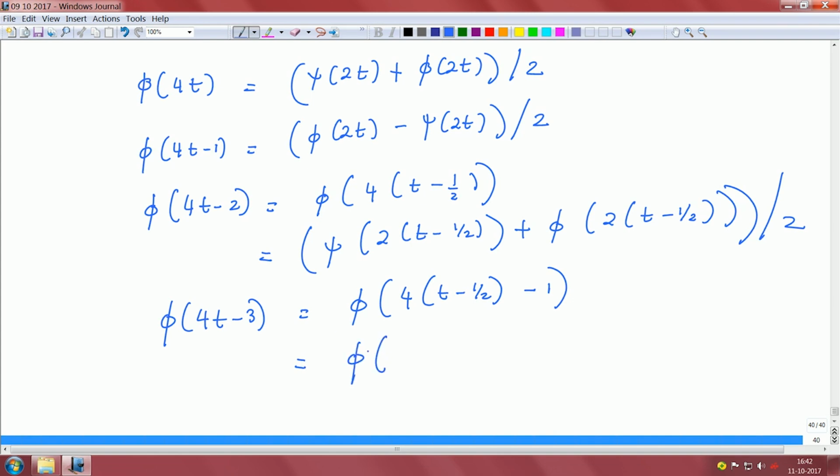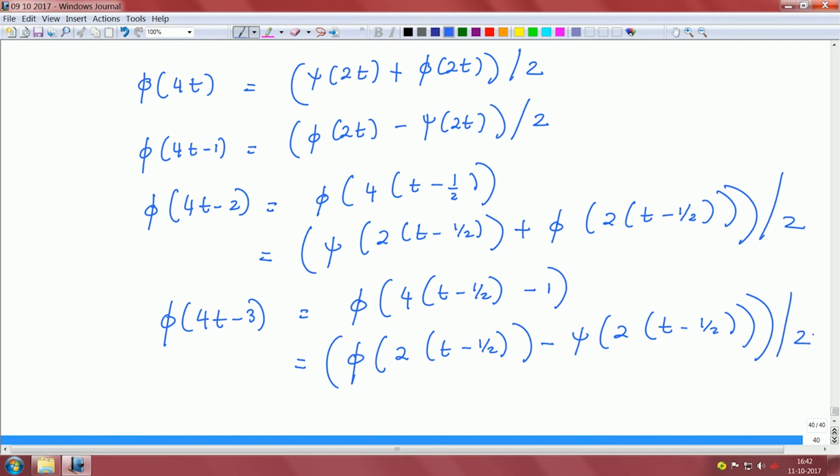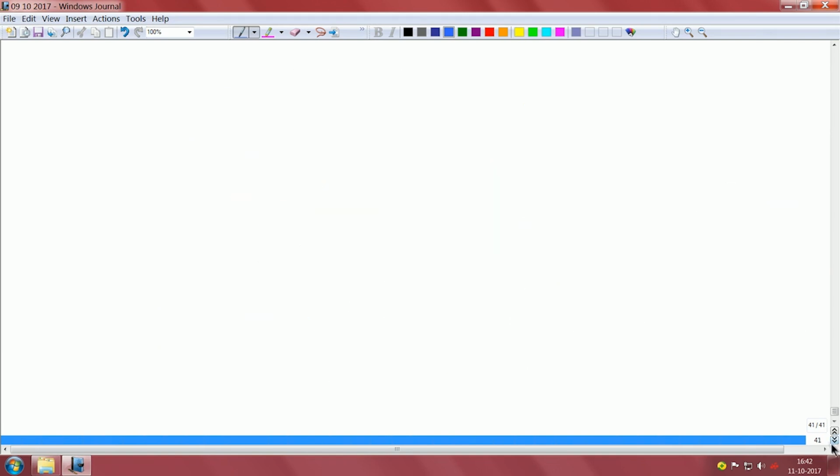Now, use the phi of 4t minus 1 formula, and then you can write it as (phi of 2 into (t minus half) minus psi of 2 into (t minus half)) upon 2. Now, we have expanded all these forms, and then we will try to group the terms.